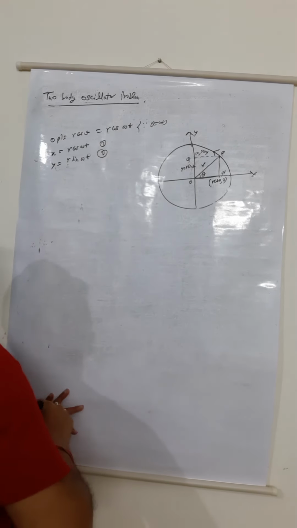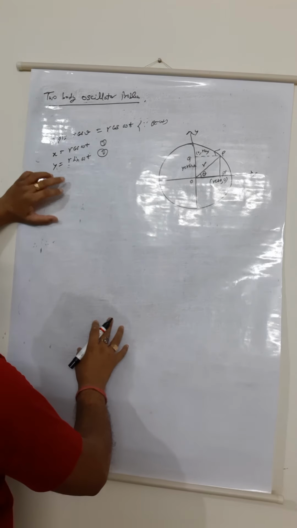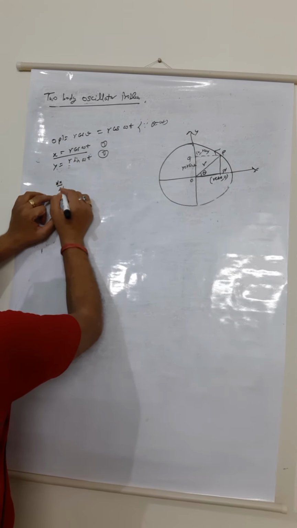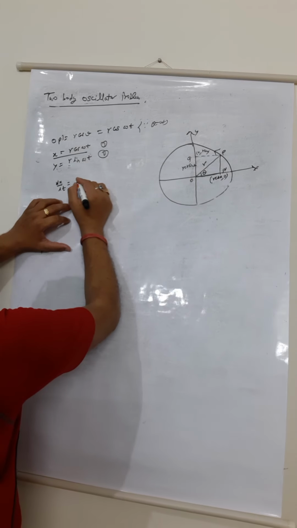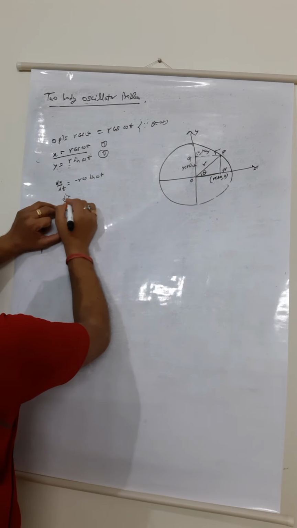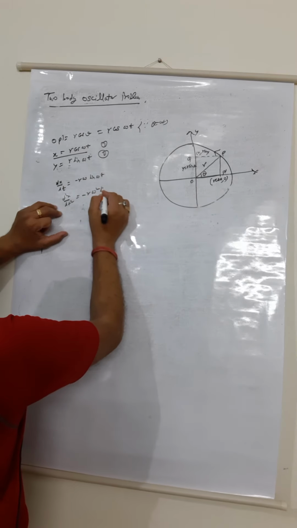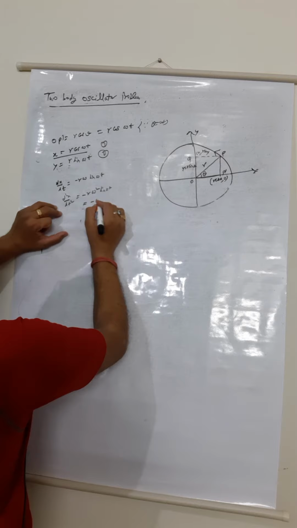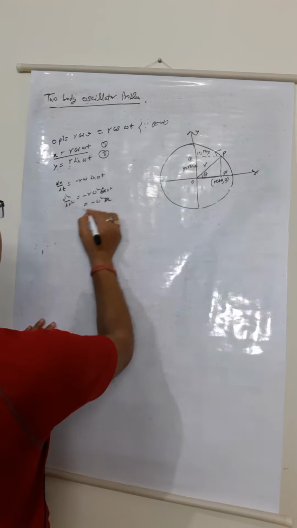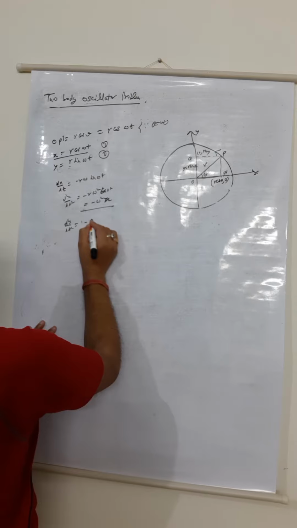These are two equations. If we differentiate them, we find dx upon dt is equal to minus r omega sine omega t, and d2x upon dt2 is equal to minus r omega square cos omega t, which is minus omega square x. Similarly, d2y upon dt2 equals minus omega square y.